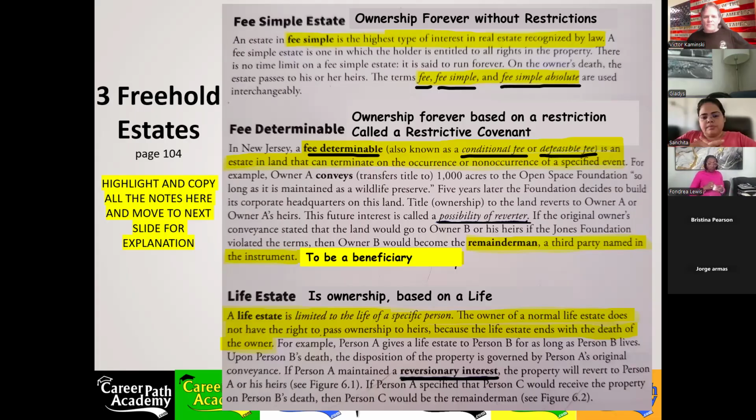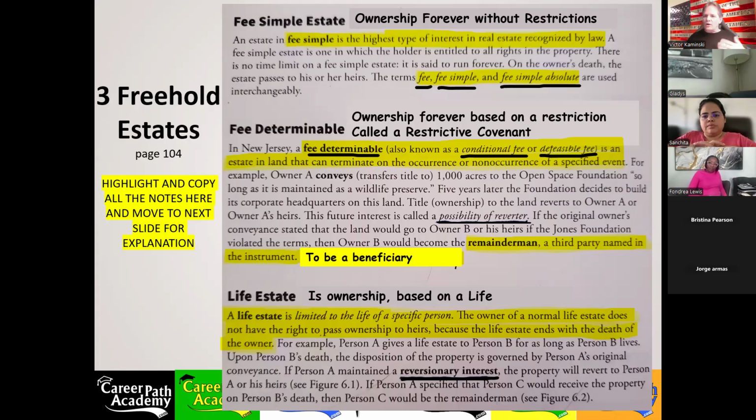Now, that future possibility of the ownership reverting back if you violate the terms of the sale is called the possibility of reverter. The property would revert back to the person who put the restriction in the deed.